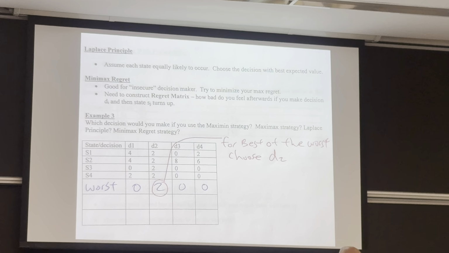Which of these decisions would you say this person is a conservative person? Which decision would a person choose for you to say, well, I think that person is a conservative person? Well, I would say D2, right? Because it really doesn't matter what happens, you get your $2.